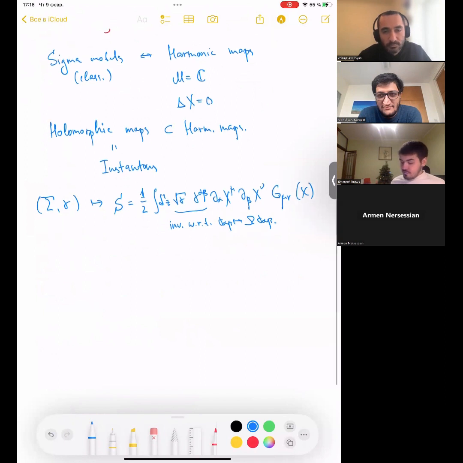And then there is a statement that conformal classes of metrics are equivalent to complex structures in 2 dimensions. And the equivalence goes by putting the metric in conformal form.